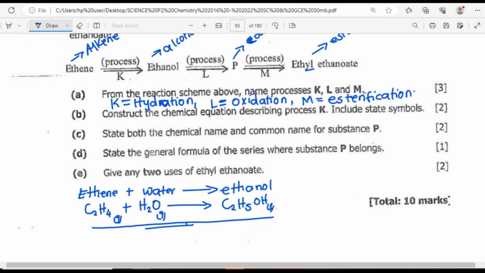Then state both the chemical name and common name for substance P. Substance P is ethanoic acid. So the chemical name is ethanoic acid. Then the common name is acetic acid.